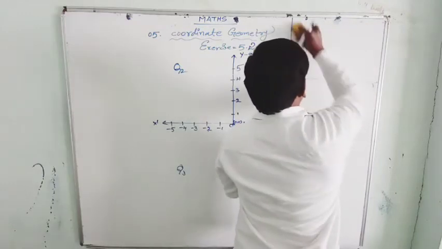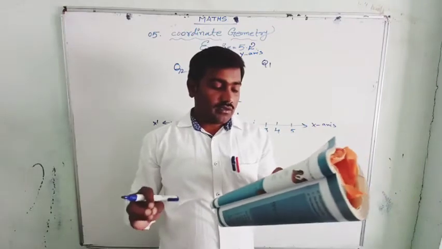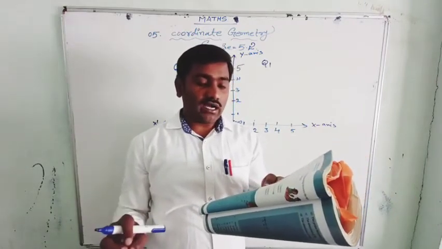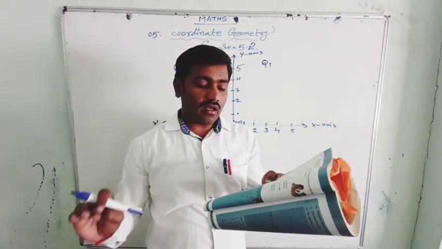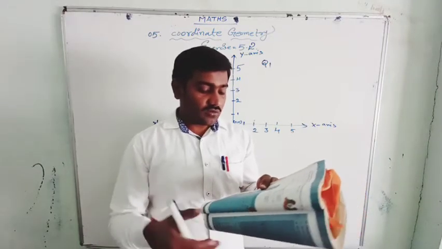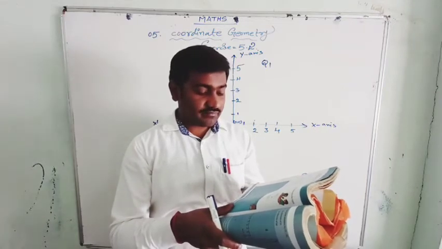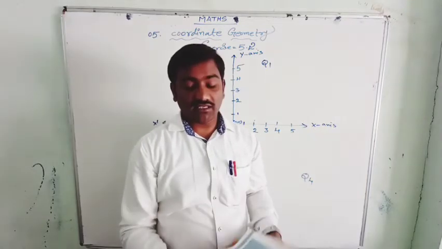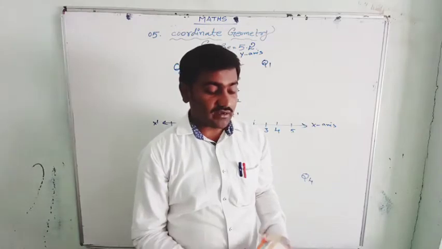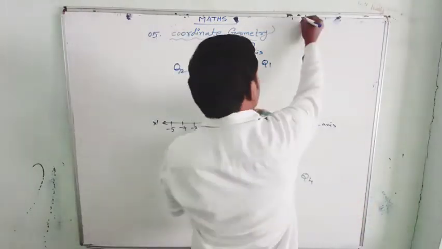Then next, let's see: which of the following points lie on the axis, also name the axis. They have given some points. Let me write all the points which they have given.